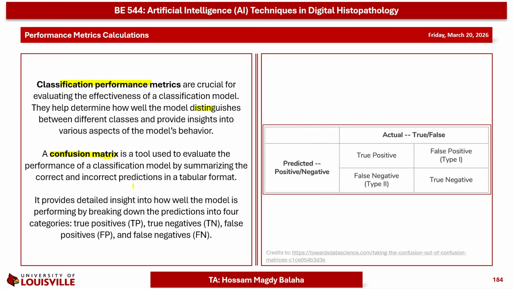In that 2 by 2 matrix, you need 4 elements: true positive, abbreviated as TP, true negative, TN, false positive, FP, and false negative, FN. Based on those 4 values, you can calculate the different performance metrics. But for now, what's the meaning behind them and how can we determine their values?